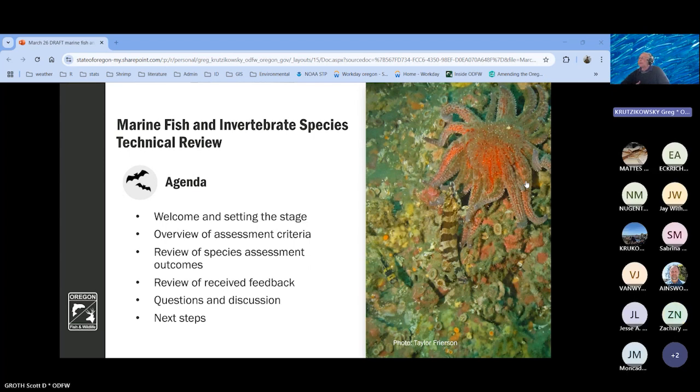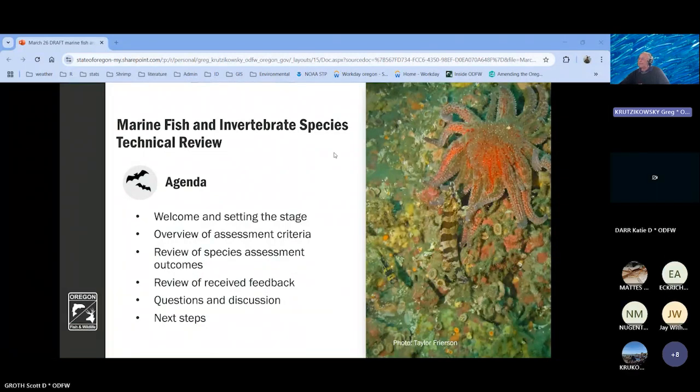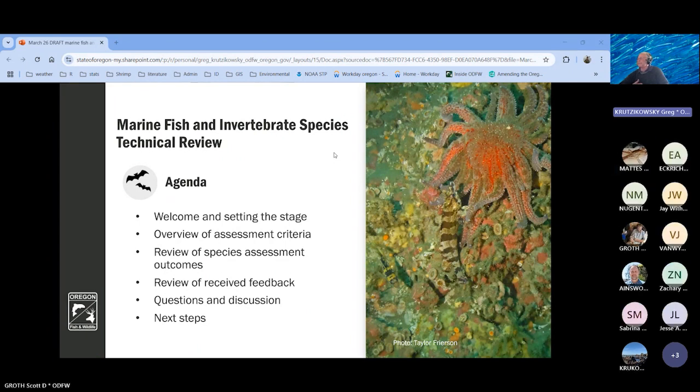We're going to give you a brief overview of the assessment criteria that were used for our State Wildlife Action Plan, review of the species assessment outcomes for the marine fish and invertebrates, and a little review of the types of feedback we have received, although most of it so far has been for other taxon. And then we're going to open it up to questions and discussion, and then finally talk about some of our next steps.